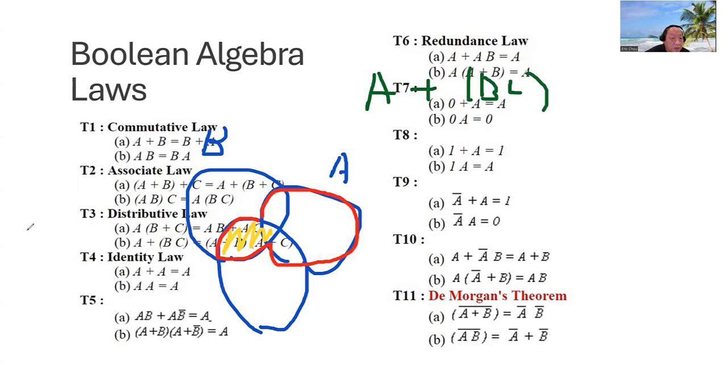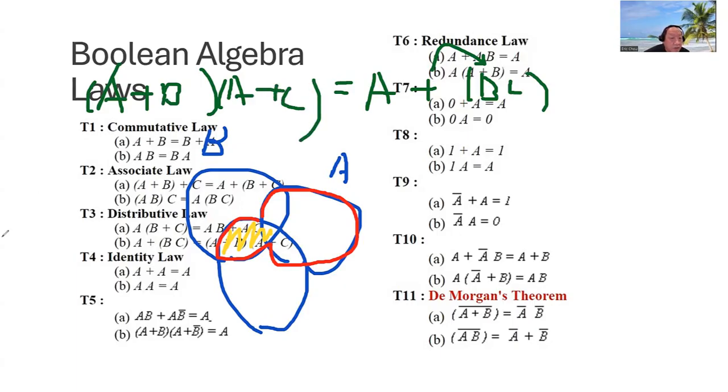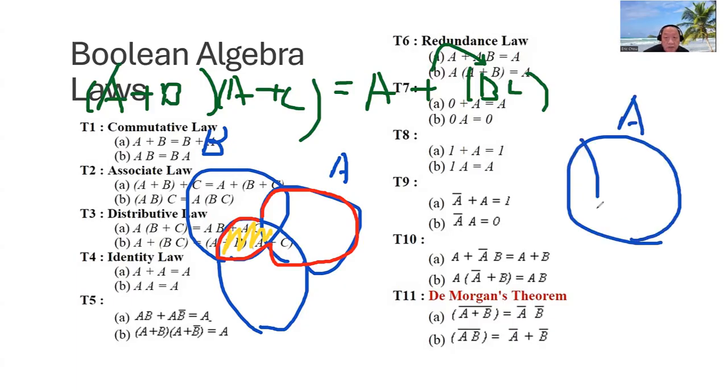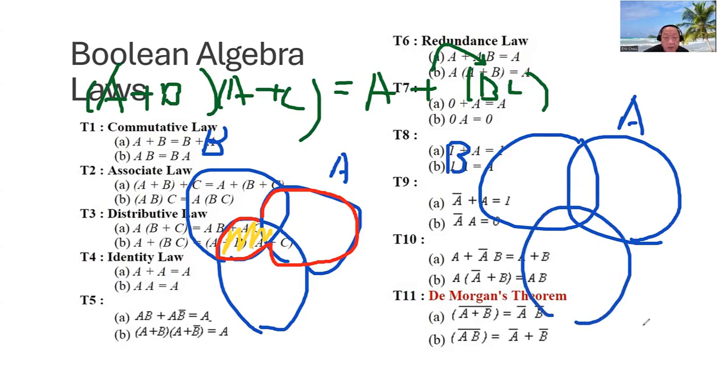The other one is you distribute it to each individual one. It should be A or B and A or C. Okay, let's look at it. You have A right here, B right here, C right here.